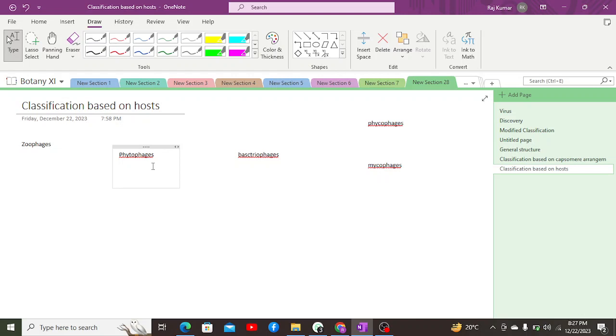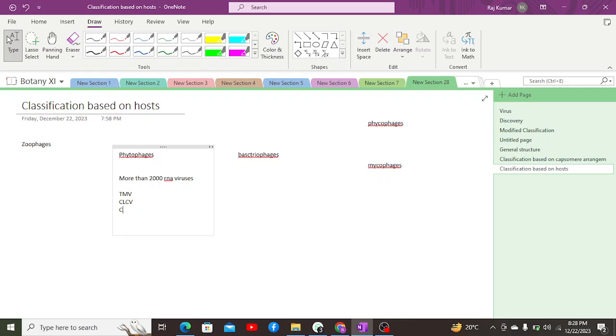Phytophages involve more than 2000 RNA viruses. Examples include the tobacco mosaic virus, and CLCV, which is a spherical virus.